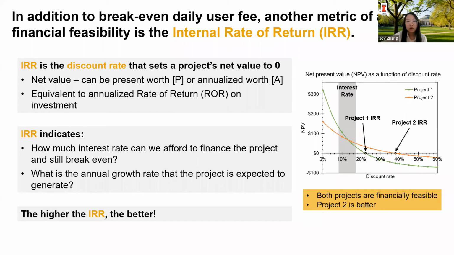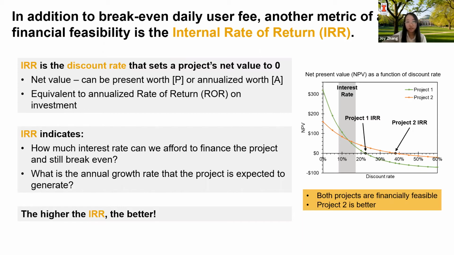So I want to introduce how we can understand this graph and interpret these values we get, because it's defined as the discount rate that sets the project's net value to zero. It generally means IRR is the annual growth rate that the project is expected to generate.